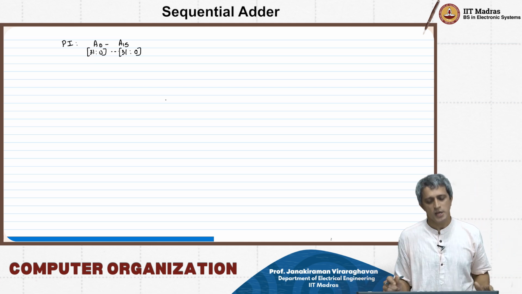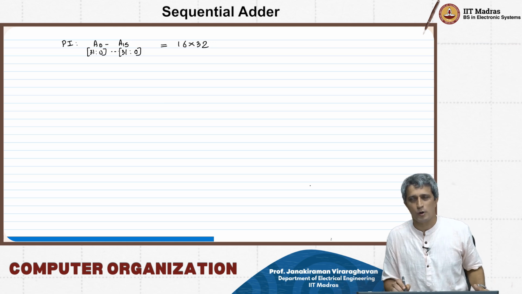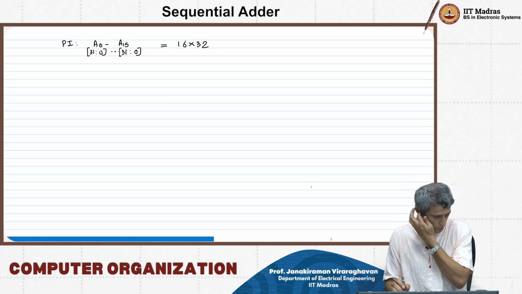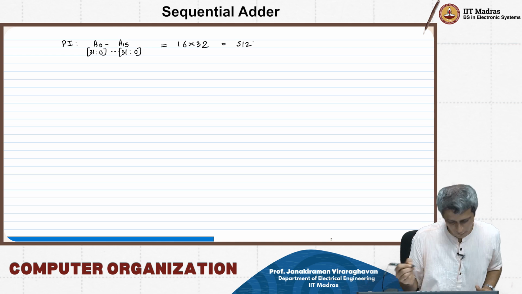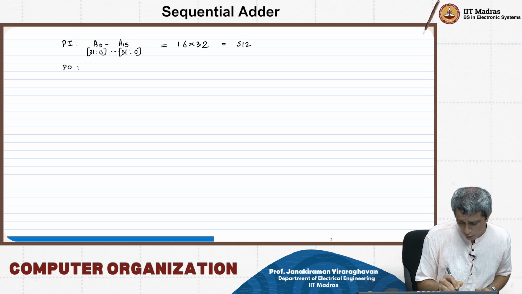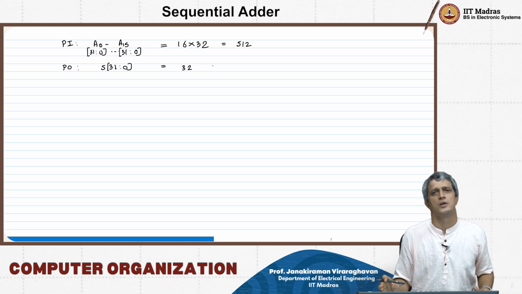So how many primary inputs do I have? This is equal to 16 times 32. 2 power 4 times 2 power 5, so you get 2 power 9, 512 inputs basically, and primary output is just sum of 31:0, which is a 32-bit output.